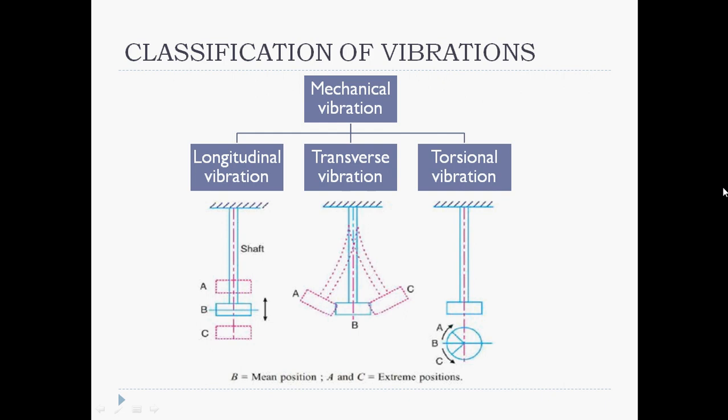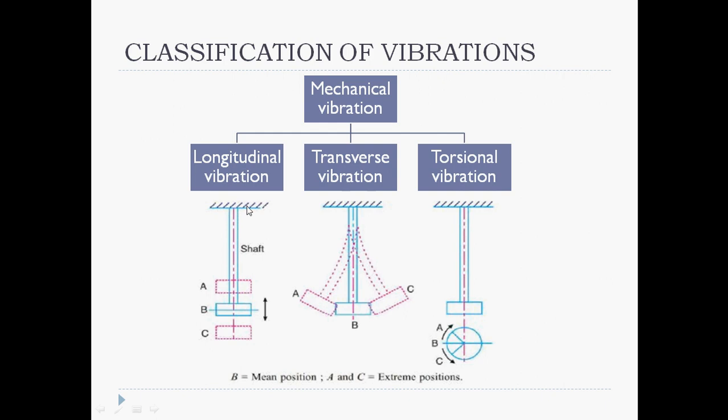In longitudinal vibration there is to and fro motion parallel to the axis of the shaft; in transverse vibration, the motion is perpendicular to the axis of the shaft; whereas in torsional vibration there is a twisting movement with respect to the axis of the shaft. Compressive and tensile stresses develop in longitudinal and transverse vibration, whereas shear stress develops in torsional vibration.